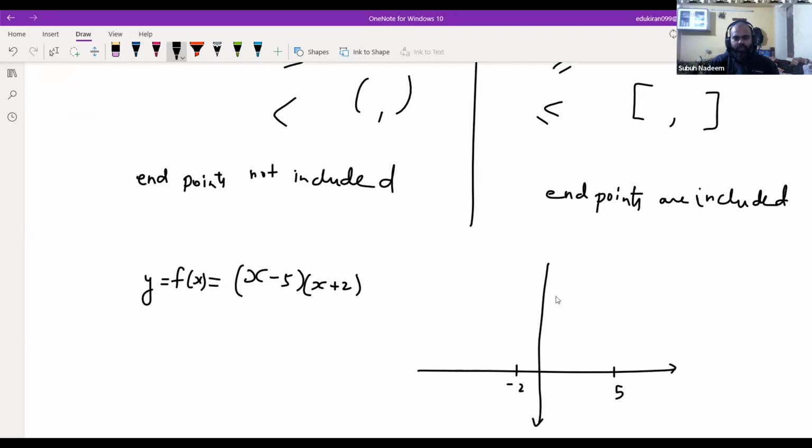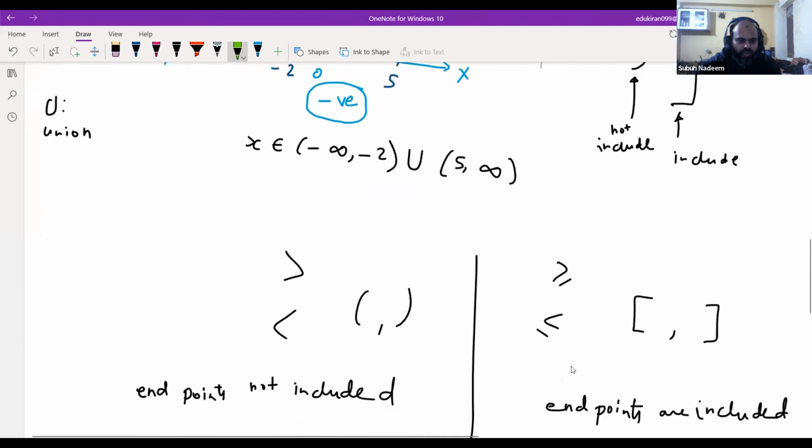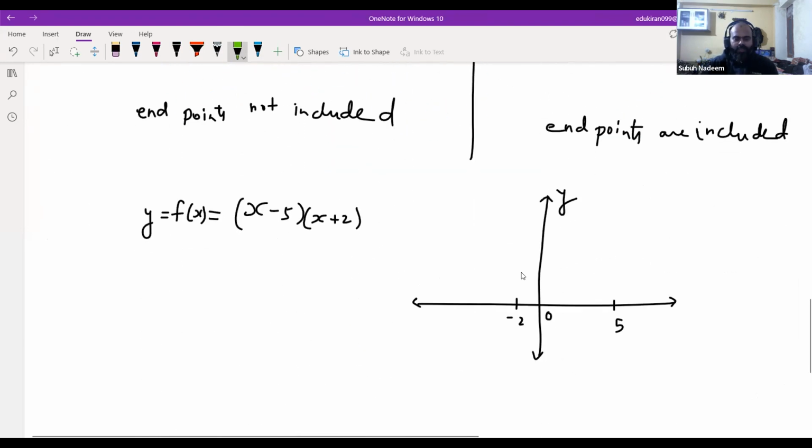And here there is y-axis also. And this is the origin. So as we saw earlier, it is positive after 5 and before minus 2. And between minus 2 and 5, it is negative, as you can see here. So the graph would be something like this, that the graph is coming from positive, then this is negative, and this is positive.